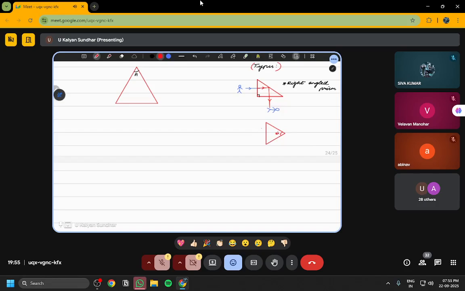What happens here is that the ray comes from here, hits here, hits here, and again goes like this.